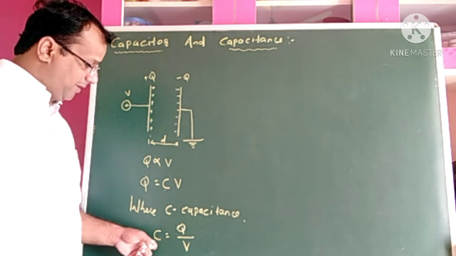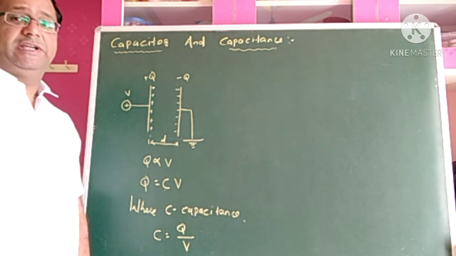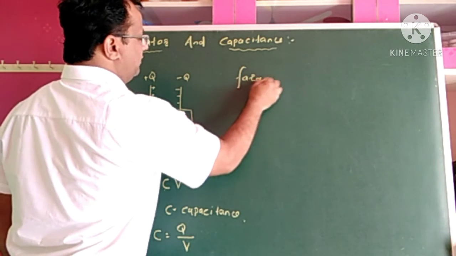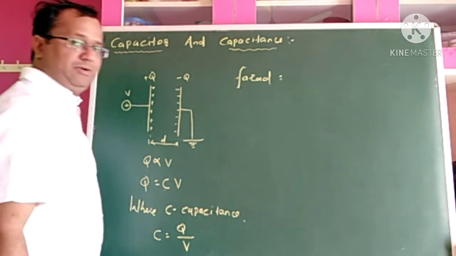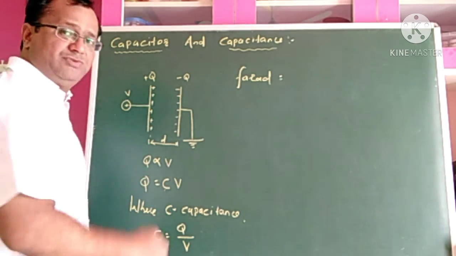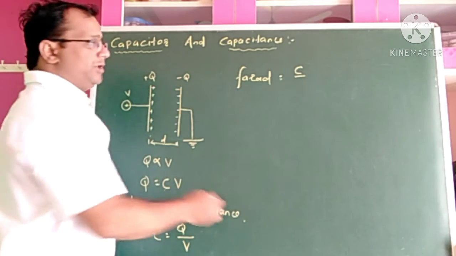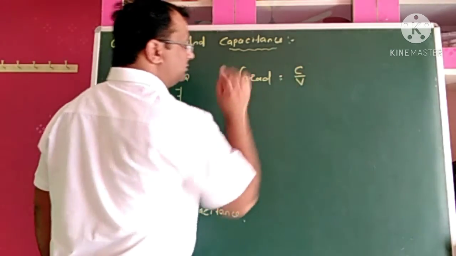This capacitance is measured in farad, where the charge is measured in coulomb and electric potential is measured in volt.